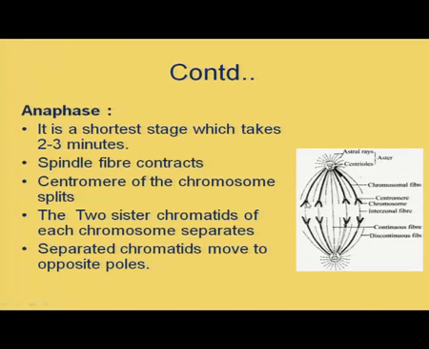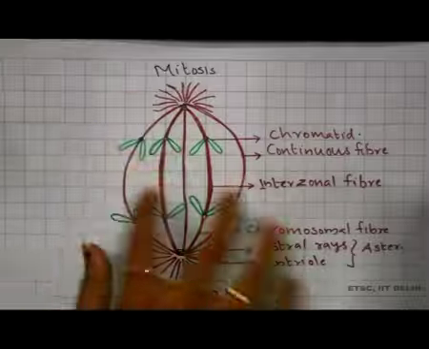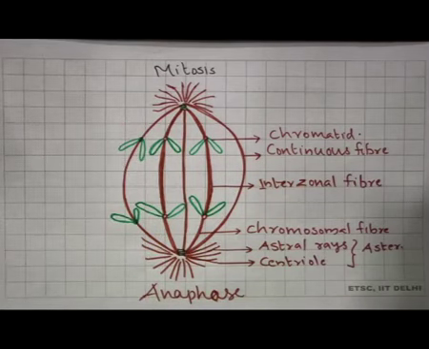Here you can see the chromatids and these are the centromeres. So, they will move to opposite poles. The 2 chromatids of the same chromosome, we call them sister chromatids. Here also you can see the diagram clearly.